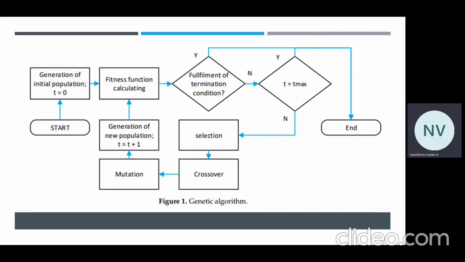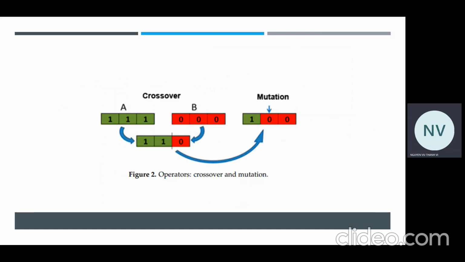It will continue as a loop until we reach the ending conditions that we give to the system. That is the whole concept of the genetic algorithm. In this figure we have the crossover and mutation, but I will explain this in more detail in the part when we apply this method to our problems.